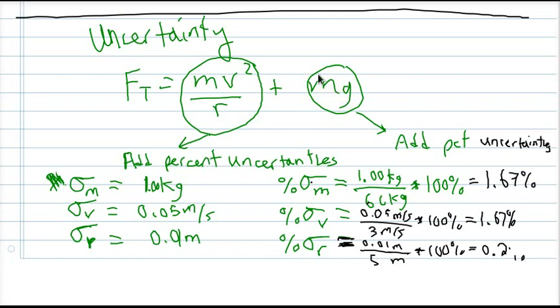And then you will add the absolute uncertainties of each of these terms. So here are the absolute uncertainties given for m, v, and r. I found the percent uncertainties for each of those three values: 1.67% for m, 1.67% for v, and 0.2% for r.